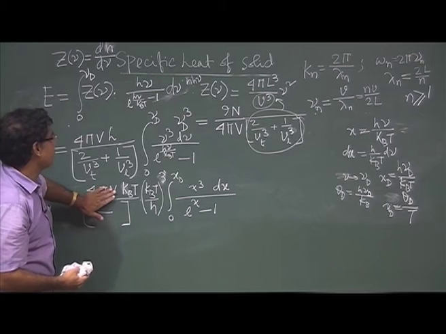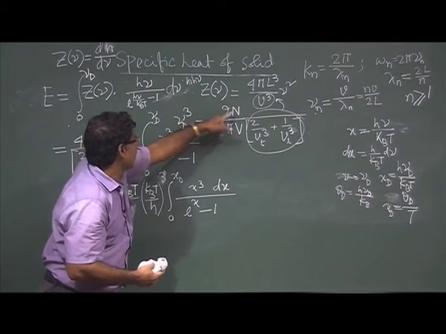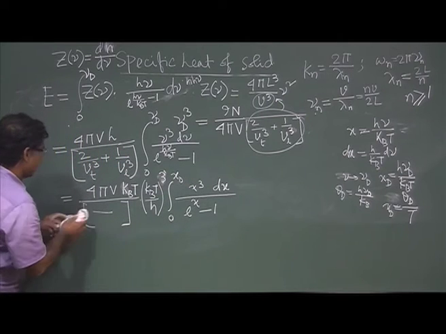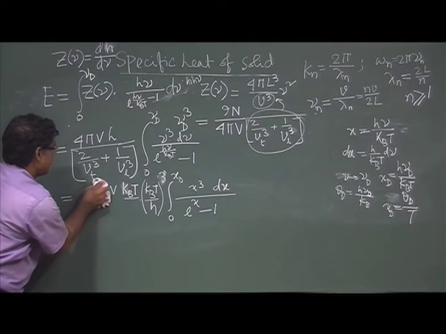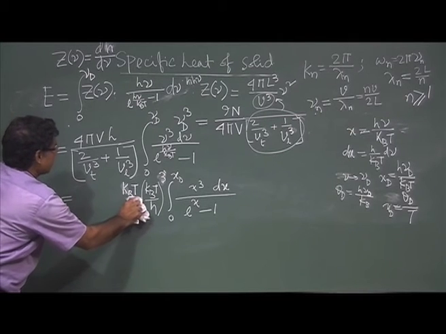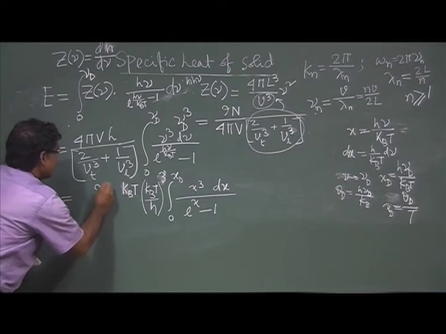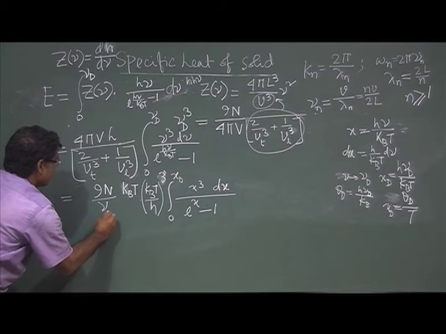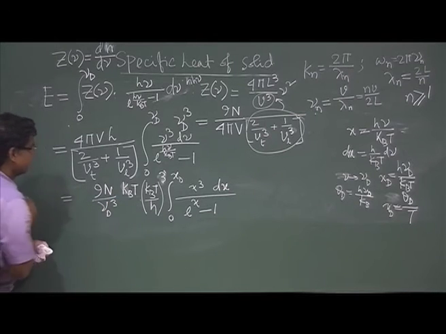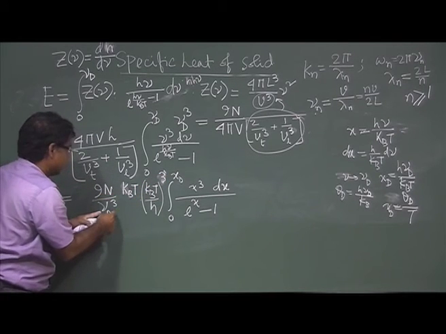So, 4 pi v by this term equals 9 n by nu d cube. So, I can simply replace this by 9 n by nu d cube, okay. Now, here it is cube, this is cube.